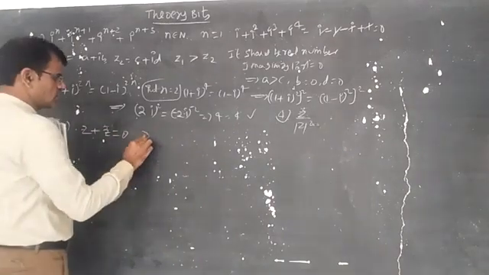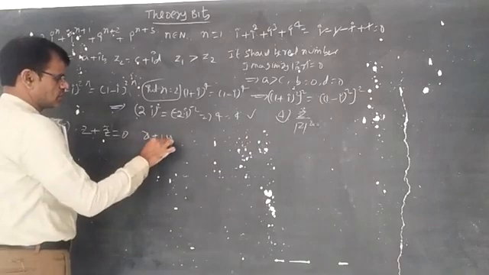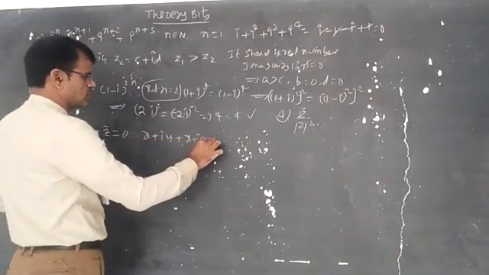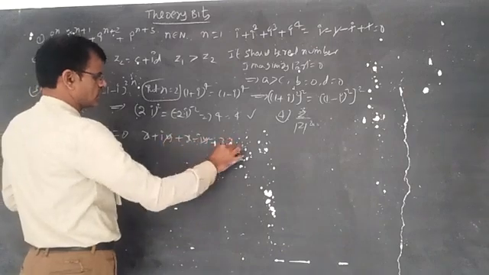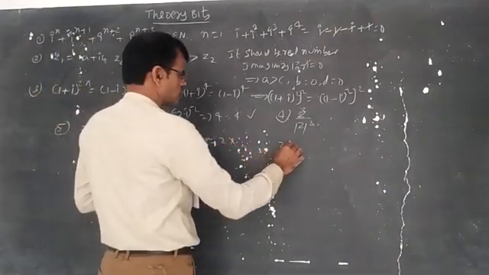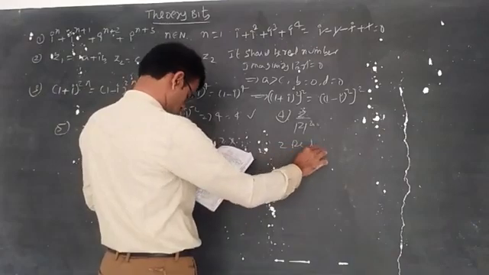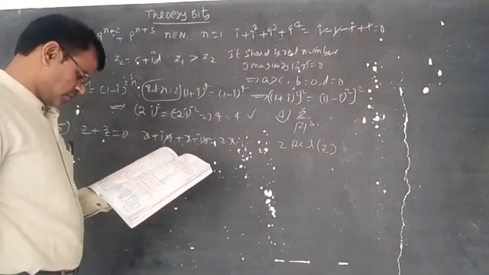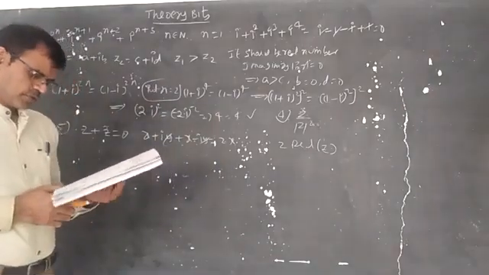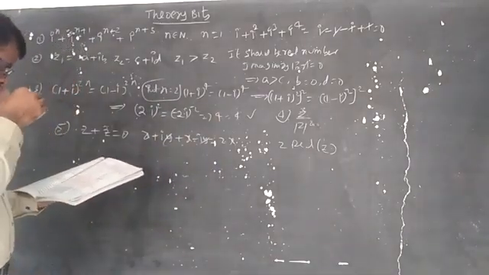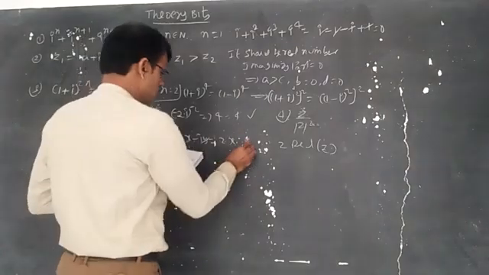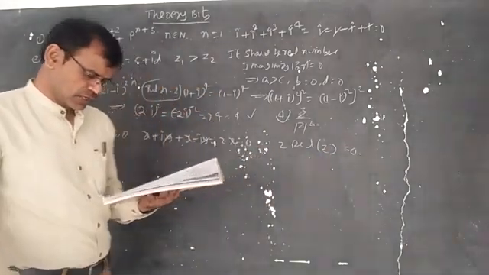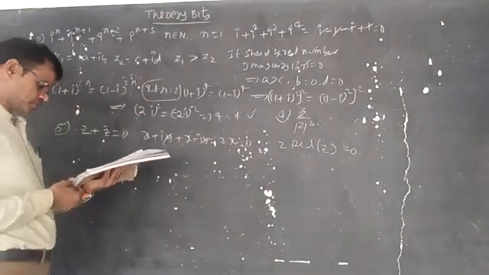Then what is the meaning of z? It is x plus iy, and z bar is x minus iy. The iy terms cancel, giving 2x, so 2 into real z. Z plus z bar equal to 0 means 2x equal to 0, so 2 into real z equal to 0. Of course real z equal to 0, second option.